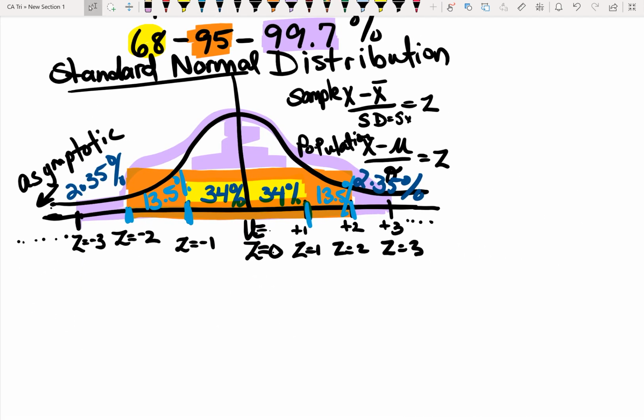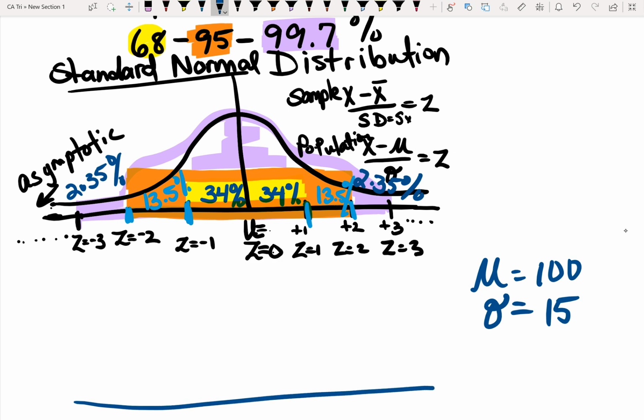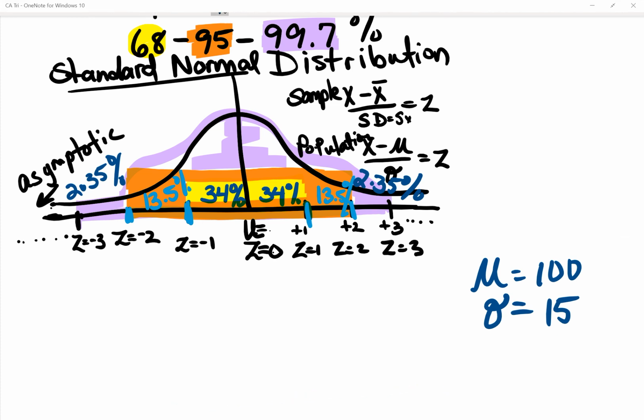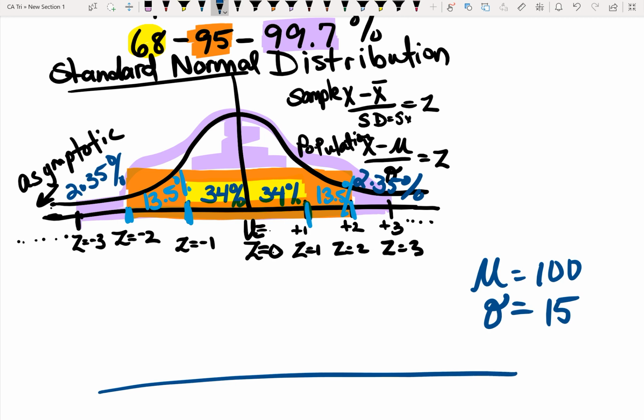And if I gave you an example, let's say I had a mu that was 100 and a sigma that was 15. If I am drawing a normal distribution, okay, so we draw our base, we draw our approximately normal distribution.